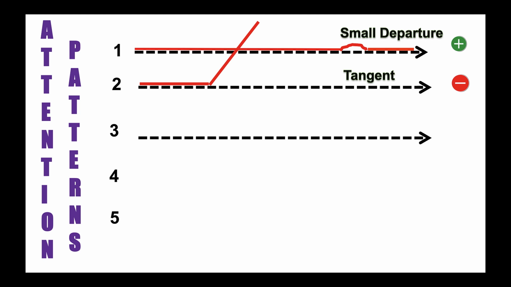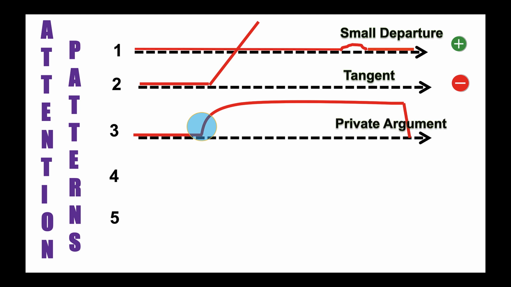Number 3, the person starts out, but then all of a sudden, they've been challenged by the speaker's message, and they take a departure off of the line of communication. Most likely, they're planning their rebuttal, their defense, so that when the person stops speaking, they can insert their own opinion. This is called the private argument.